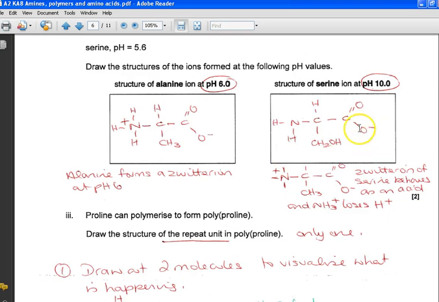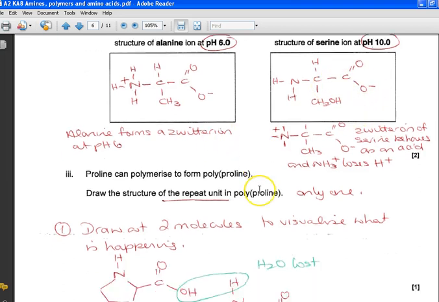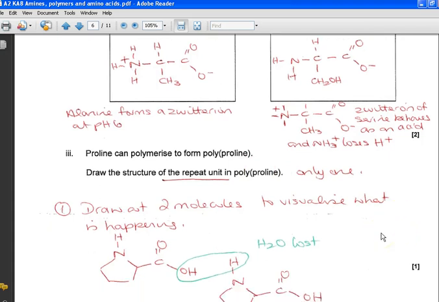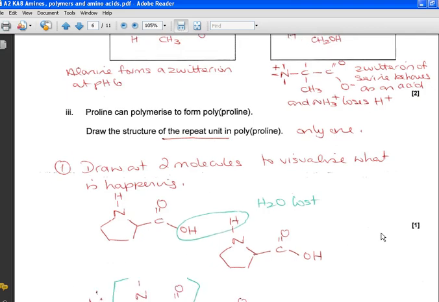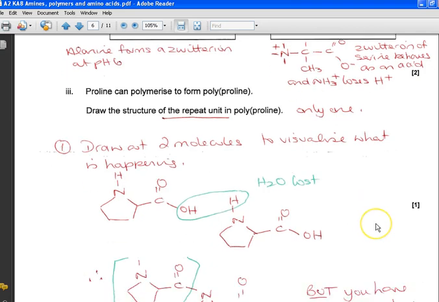But the negative charge stays on the oxygen, nothing's happened to that. Again, look in your textbook, you just have to learn how they behave in those different environments.